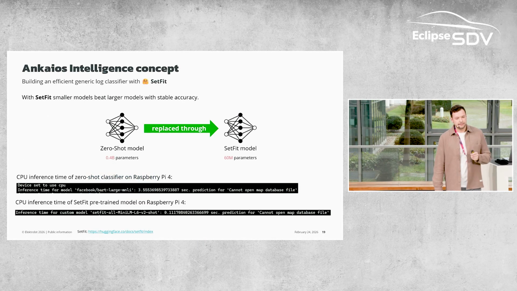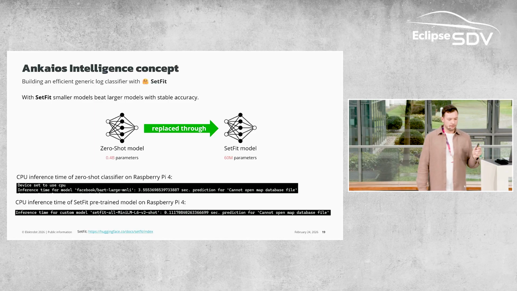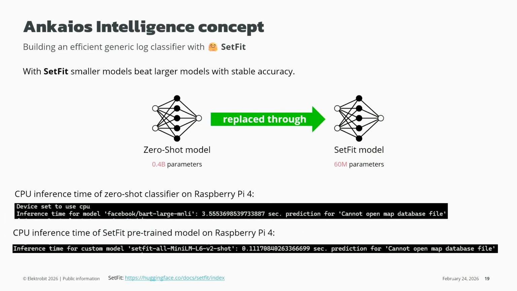And with SetFit, you can use very small models while maintaining stable accuracy compared to larger models. And if you want some great log classifiers or text classifiers, you probably use a zero-shot model, which is in the billion parameter space. So 0.4, 0.7 billion parameters.